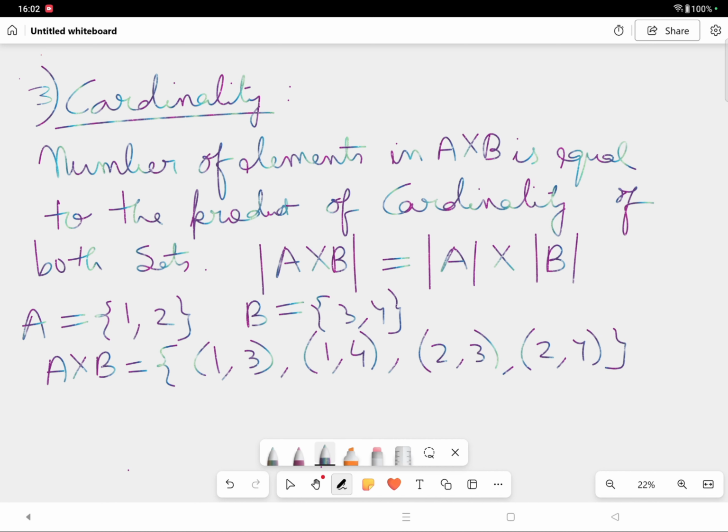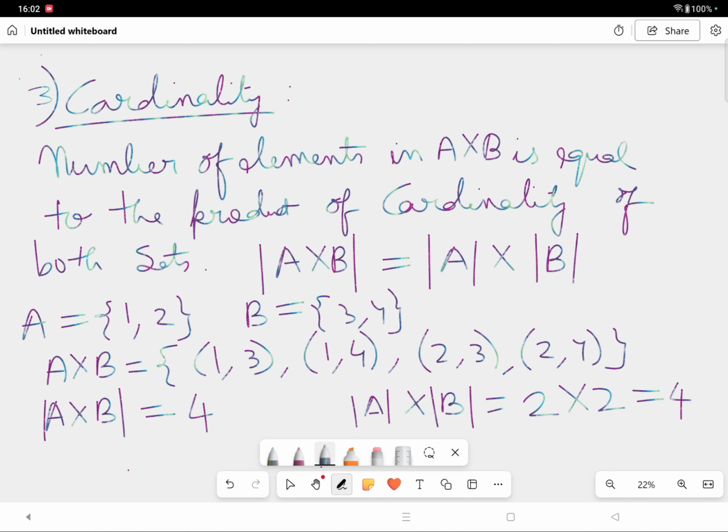So what is the cardinality of A cross B? That means how many elements are there? 4 elements. And what is the cardinality of A times the cardinality of B? How many elements are there in set A? 2. In set B? 2. So 2 multiplied by 2 is again 4.